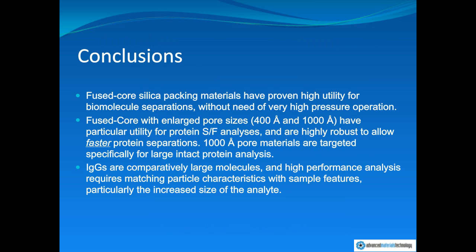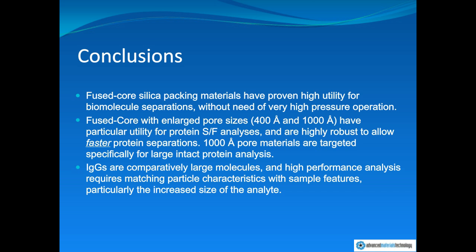So let me conclude. Hopefully I've convinced you that fused core silica packing materials are useful for larger molecule separations, that you don't need to go to very short columns or very high pressure operation. In other words, you can maximize the ability to resolve complex mixtures.